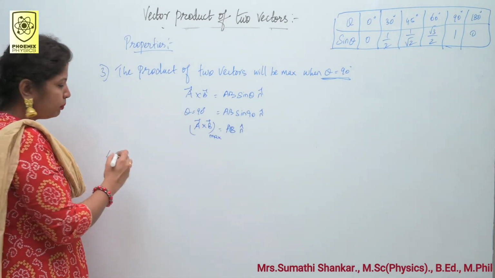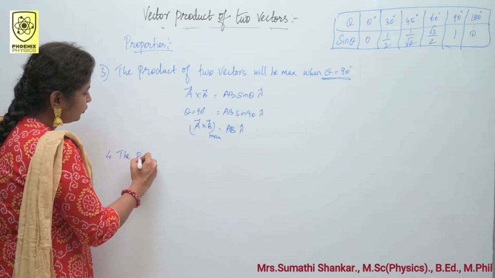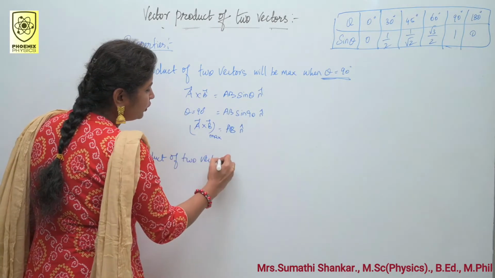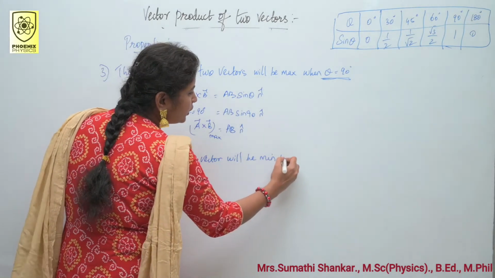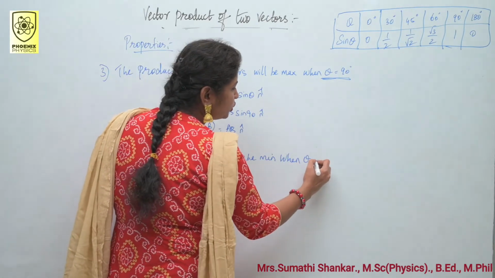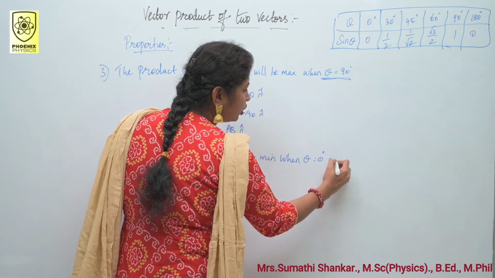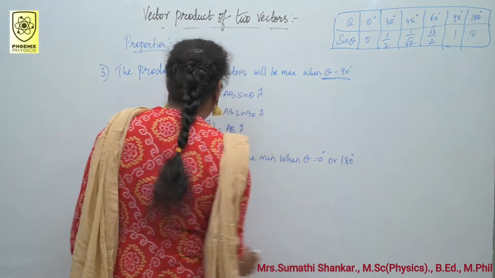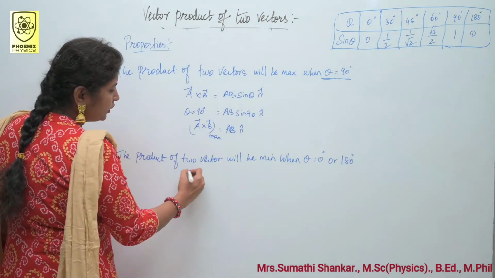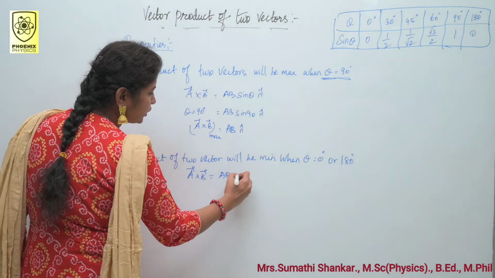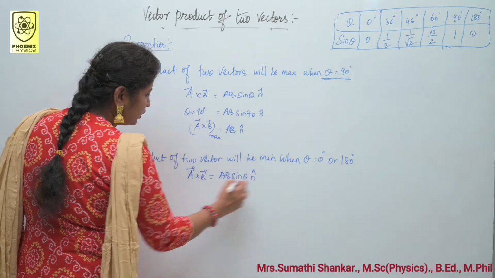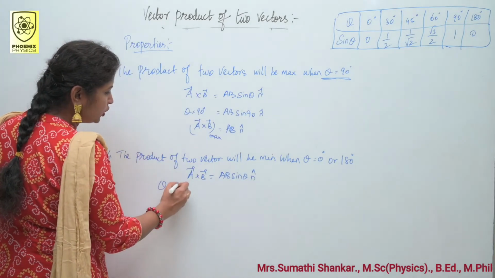Our fourth property, the product of two vectors will be minimum when theta is equal to 0 degree or 180 degree. You know the formula, A cross B is equal to AB sine theta n cap. Substitute theta is equal to 0 degree.